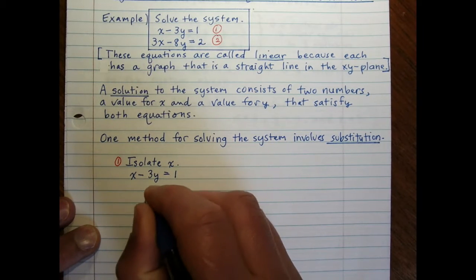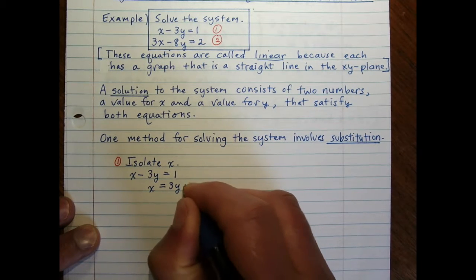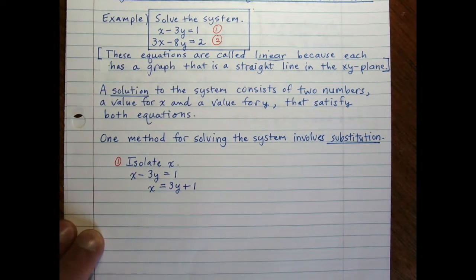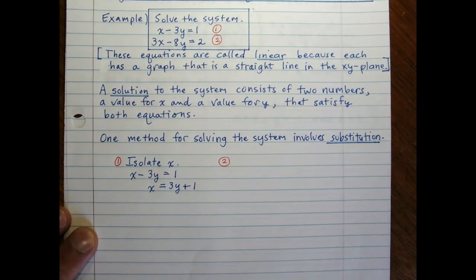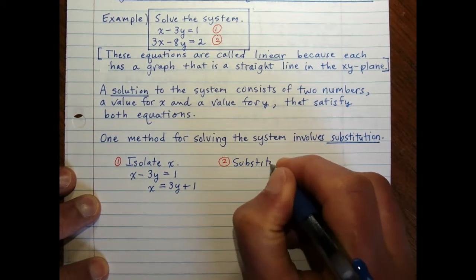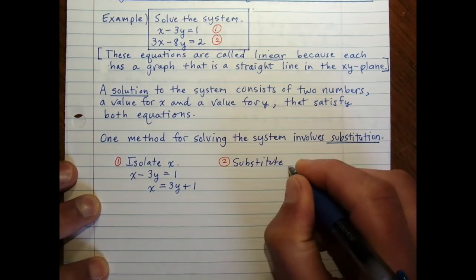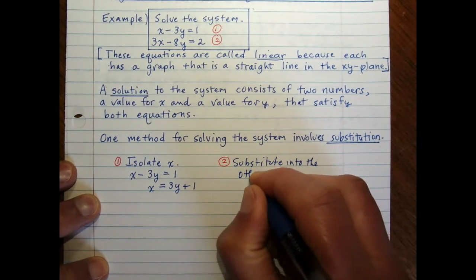If I add 3y to both sides, I get x equals 3y plus 1. And then I'm going to substitute into the other equation.